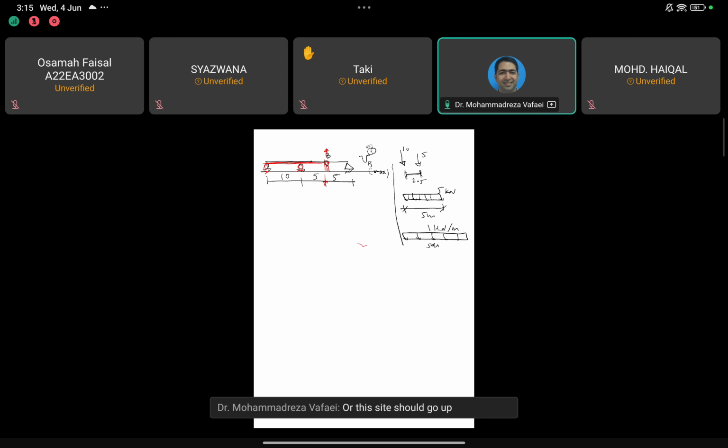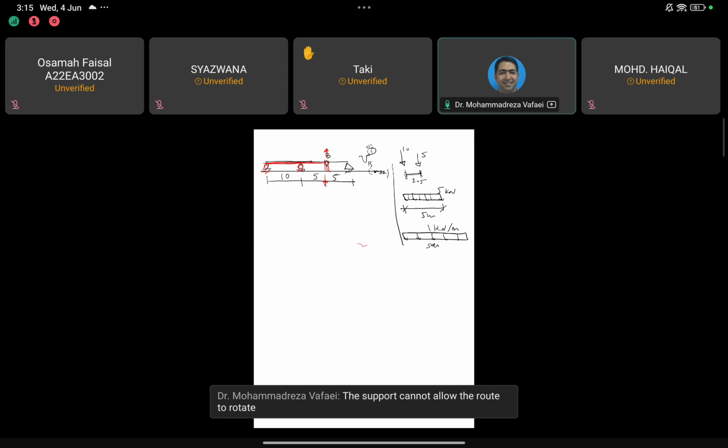But since it is fixed to this area, the support cannot allow the rod to rotate. Therefore, the left side cannot move. And since we don't allow it to bend, it is either rotating or going up and down. So the left side cannot have any type of movement.